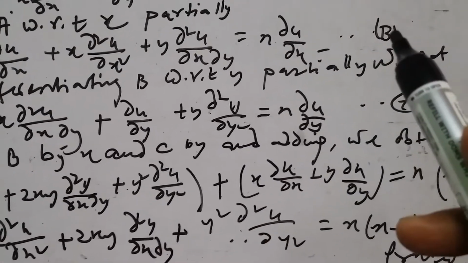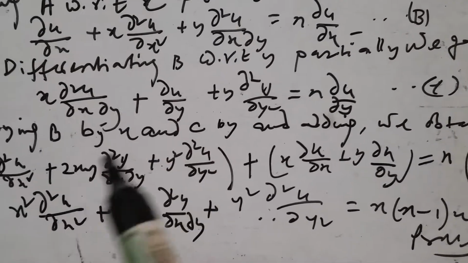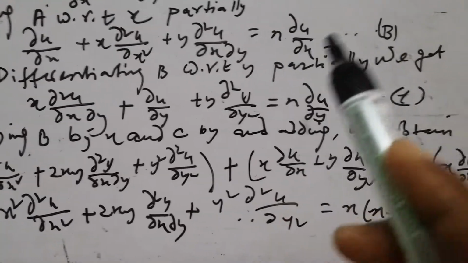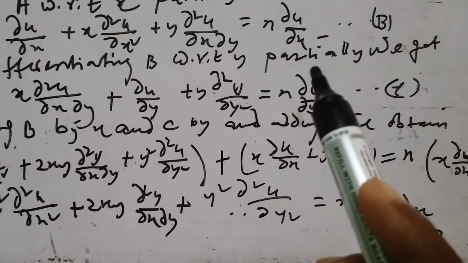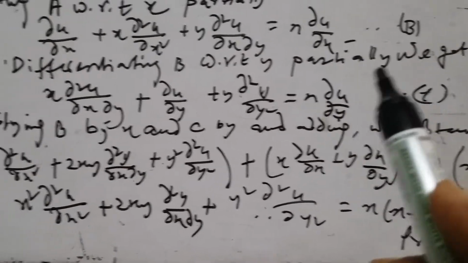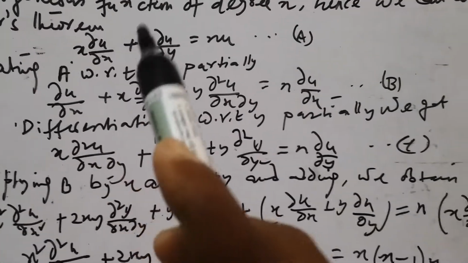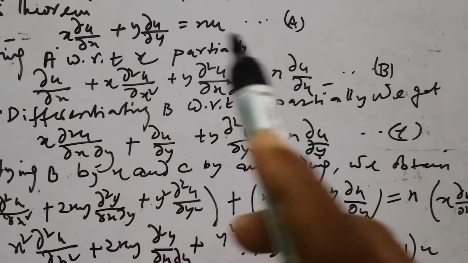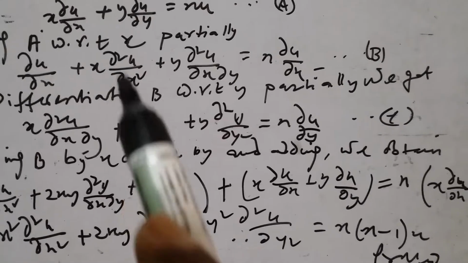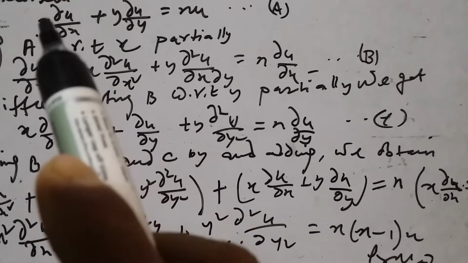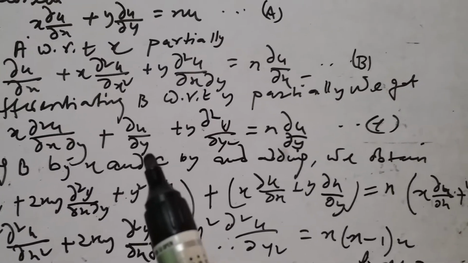Let us suppose this is equation B. Now differentiate with respect to y. If you differentiate A with respect to y, you get x del 2u by del x del y plus del u by del y.